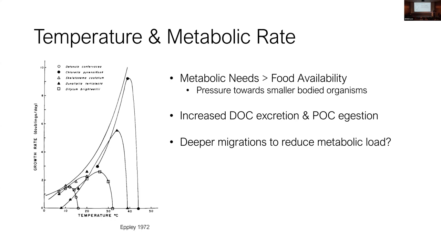What this may result in is that as temperature increases, the metabolic needs may be greater than the food availability for many zooplankton, particularly in the subtropical gyres. So this will result in a pressure towards smaller bodied organisms, which I'll show you in my next slide, and increase excretion and egestion in the upper water column.